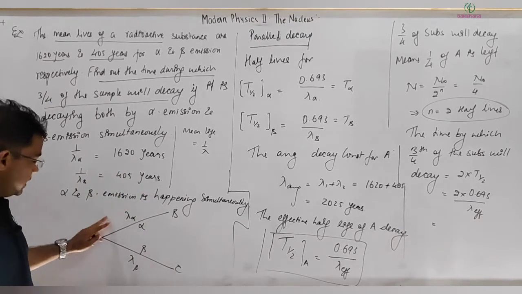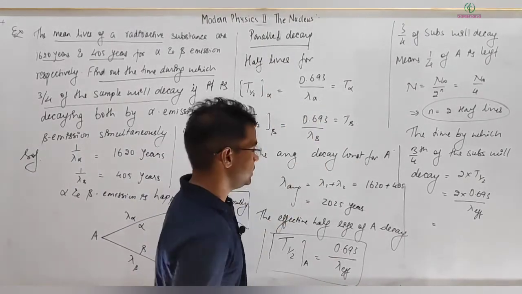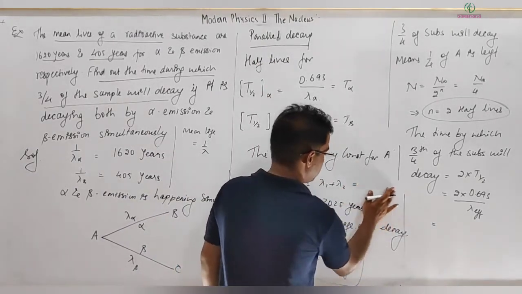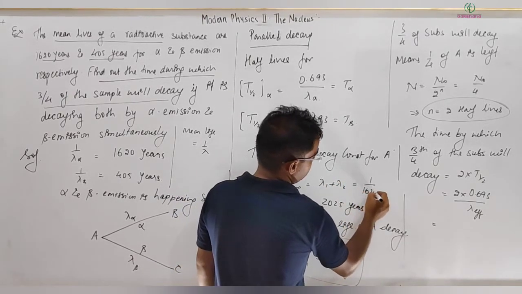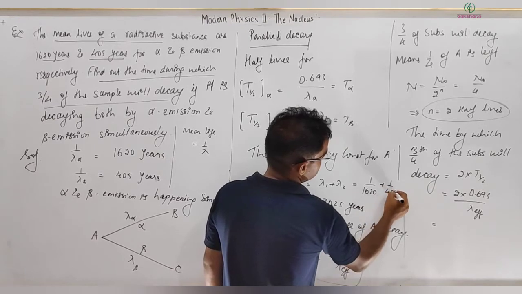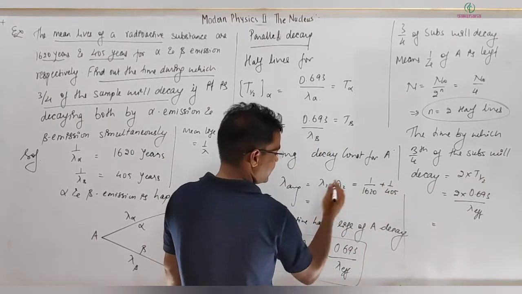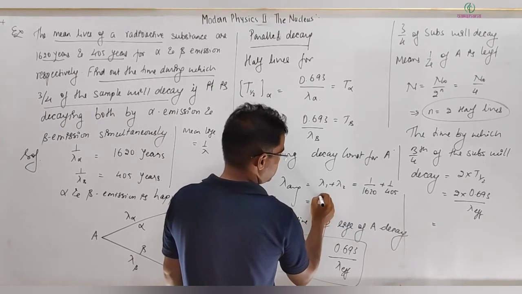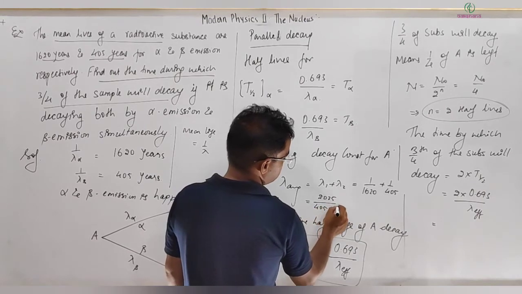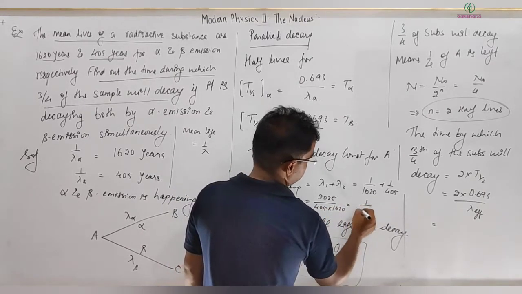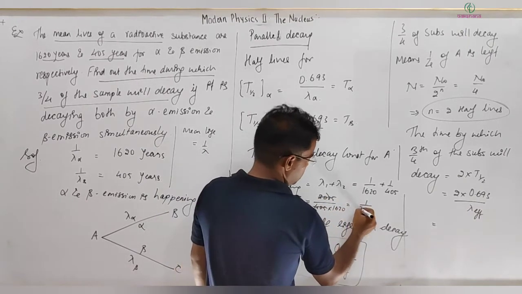So this is all good, all okay. The relations we can write. The next change will be here, because now lambda 1 plus lambda 2 will be 1 by 1620 plus 1 by 405, and after solving this by taking the LCM, in the numerator it's 2025 divided by 405 into 1620, and that comes out to be 1 by 324, since it simply cancels by 5 times.